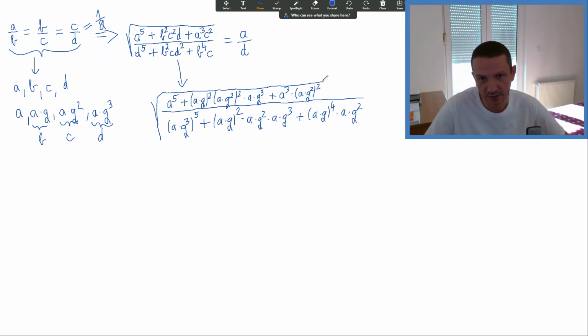So this is just an exercise in algebraic calculations. There are many possible ways to solve this.